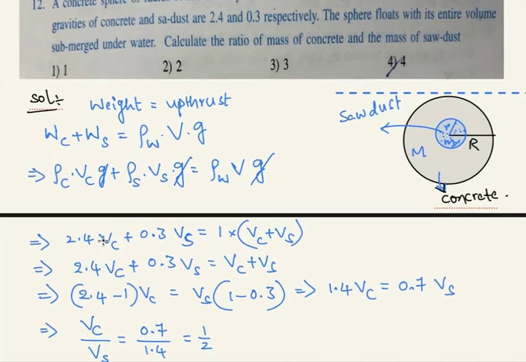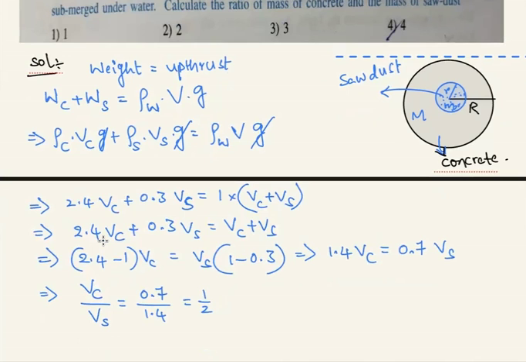Now, how to find mass of concrete by mass of sawdust? Simple. Densities, if we take densities into volume, then we will get, am I right or not?